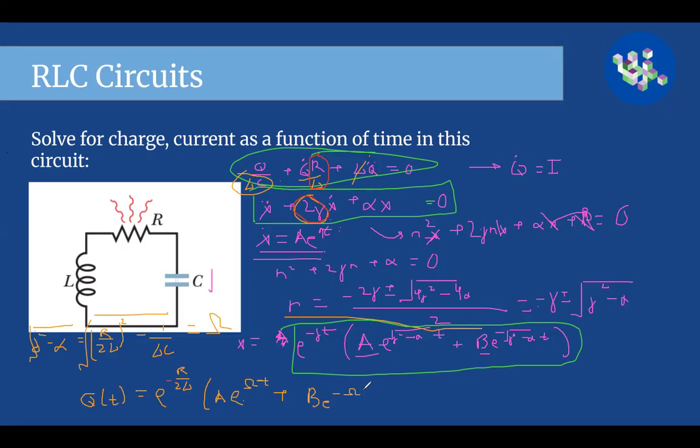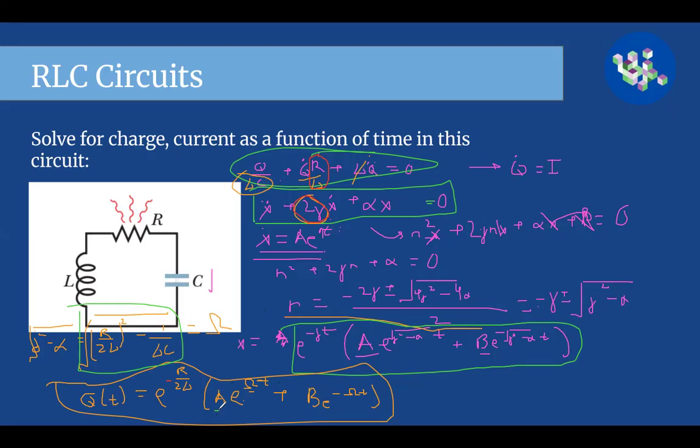This is our final solution for the charge as a function of time. You can see it's all in terms of the resistance, the capacitance, and the inductance, and omega is just this quantity over here.